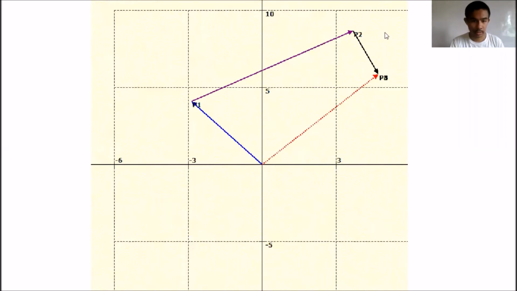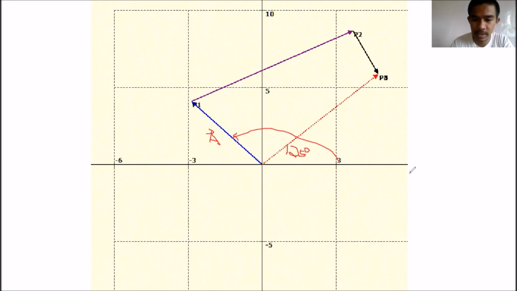So this is how it looks when we use the graphical method of determining the sum of vectors. The given vectors are vector A, whose magnitude is 5 Newton and 125 degrees from positive x-axis. So here, this is vector A, and it is 125 degrees from positive x-axis.